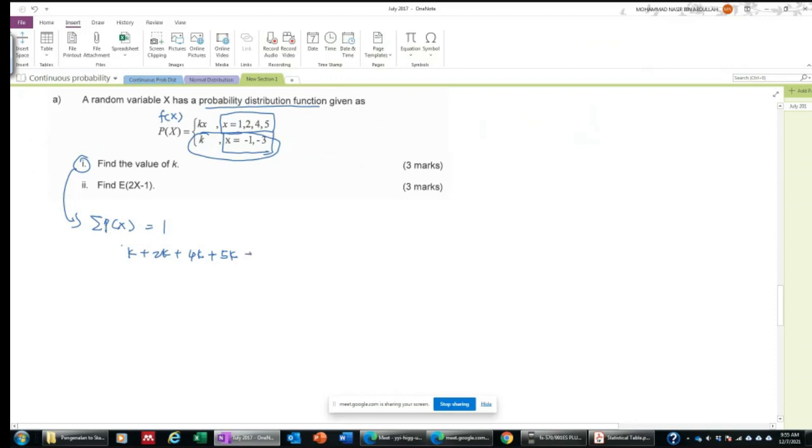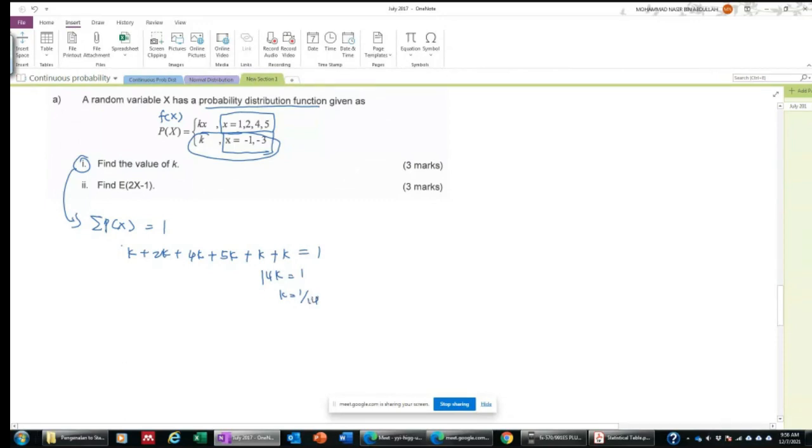When x equal to -1, it should be k, and where x equal to -3, this is also equal to k. This is equal to 1. So you add all the values: 1 plus 2 plus 4 plus 5 plus 1 plus 1 should be equal to 14, is it? 14k equal to 1. So k should be equal to 1 over 14.